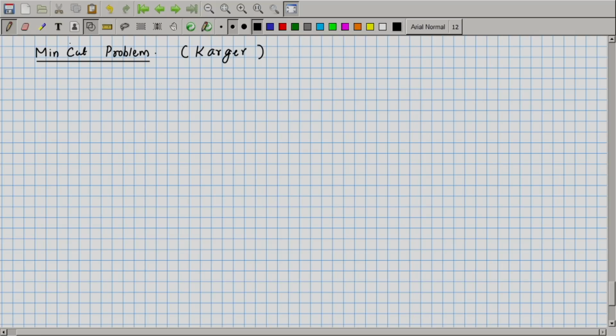Let us understand what a cut is. So, we are given a graph and we need to find a collection of edges such that if you remove those edges, the graph becomes disconnected.